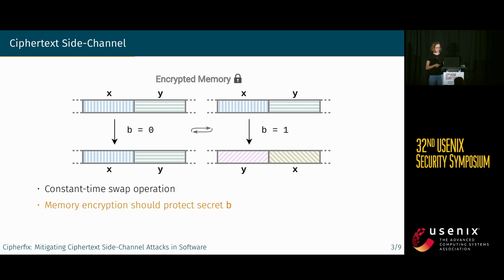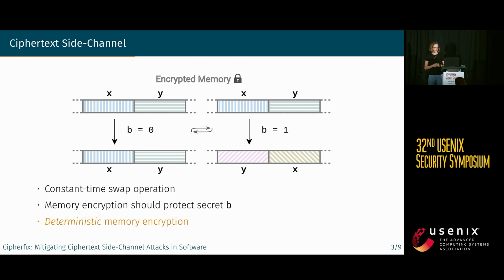So we don't see the value X and the value Y, but we just see the ciphertext of both of them. However, this memory encryption for whole virtual machine TEEs is deterministic. This means that if we write some value to different addresses, we will get a different ciphertext because of a little tweak value that is added.